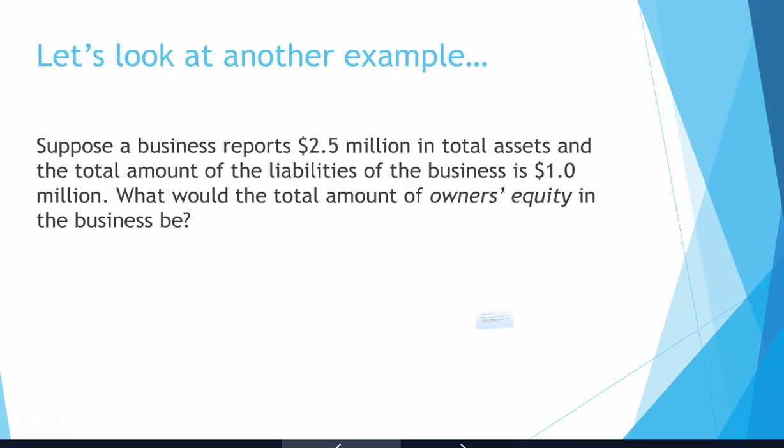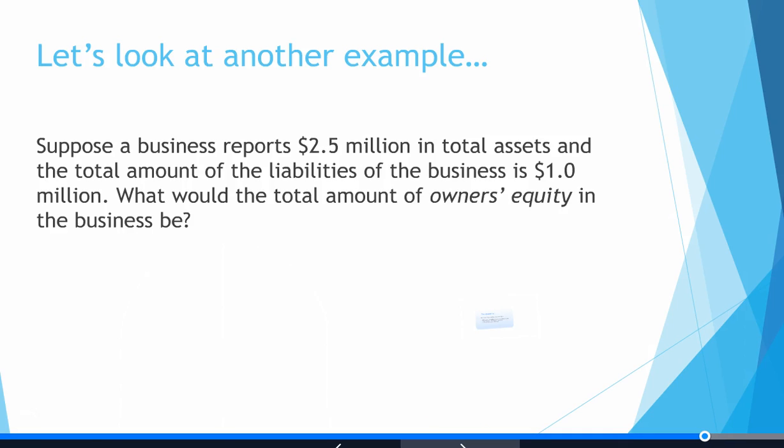Take your time. I can give you a hint. Use the accounting equation: assets equals liabilities plus owner's equity. Plug in the figures that you have and find out the missing figure.